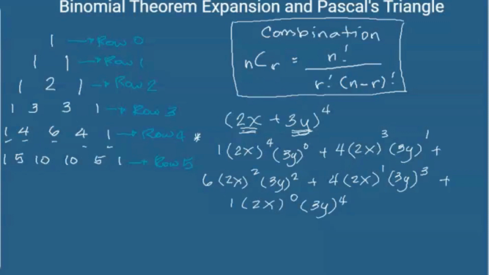And then let's simplify. So 3y to the 0 power, that's 1. This is also raised to the 0 power, so that's 1. Okay, let's simplify this. So 2 to the fourth power is 16, x to the fourth, plus 2 cubed is 8, times 3 is 24, times 4 is 96.